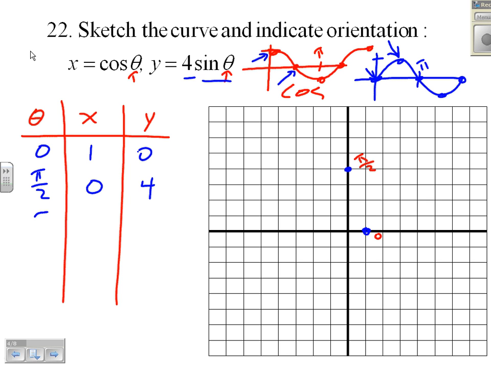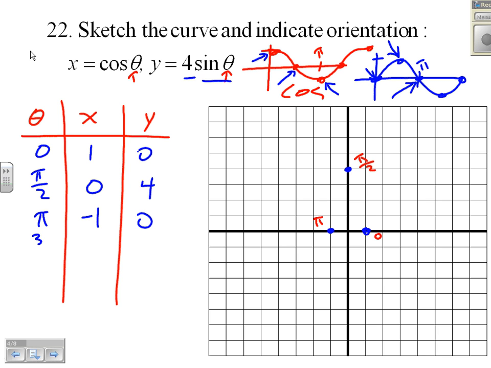Let's continue with our quadrantals. So far, so good. When theta is pi, x is cosine of pi, but cosine of pi is negative 1, so x is negative 1. Y is 4 times sine of pi, but 4 times sine of pi is 4 times 0, or 0. So I have a point at negative 1, 0, and that occurs when theta is pi.